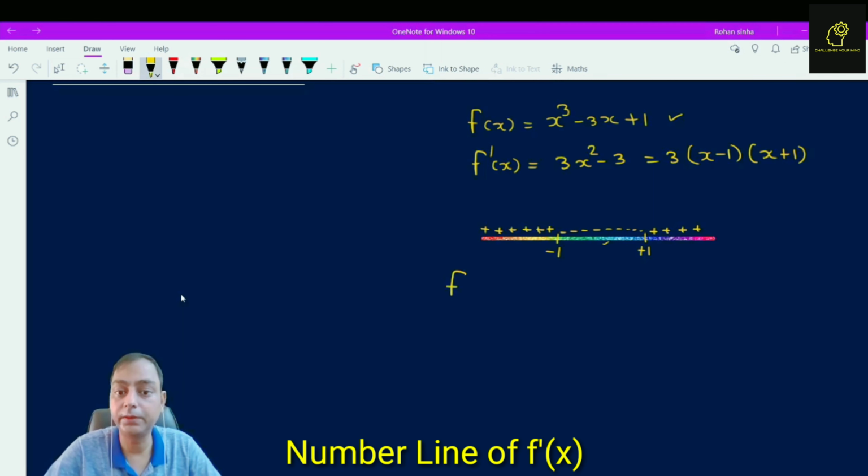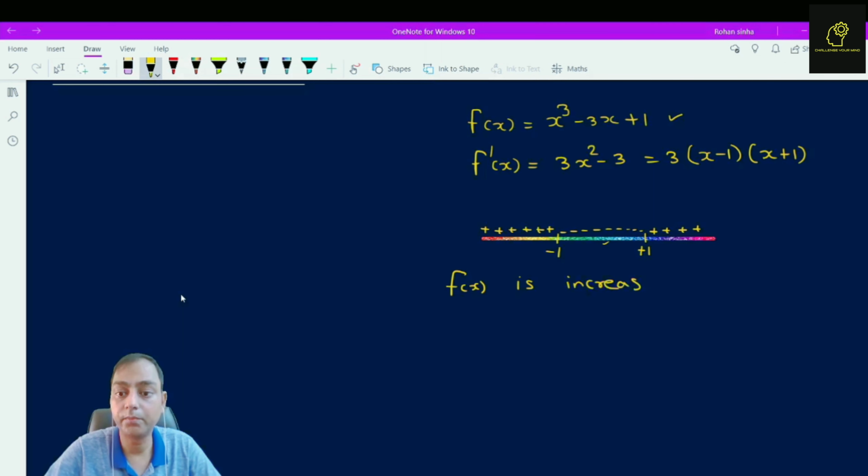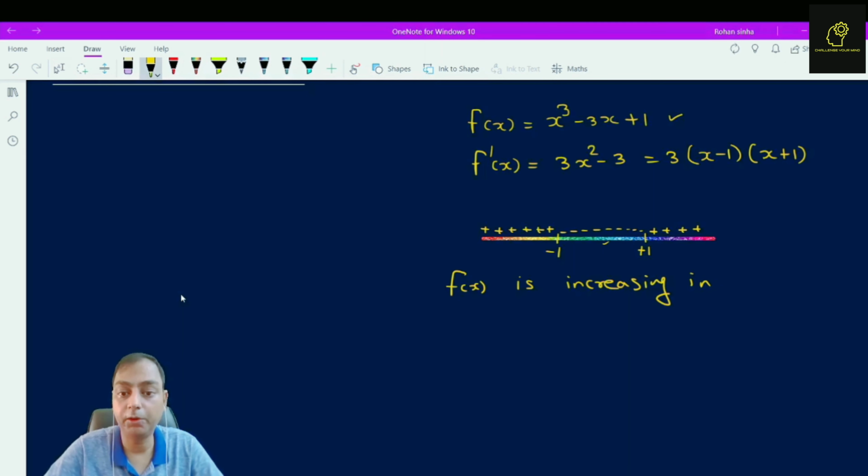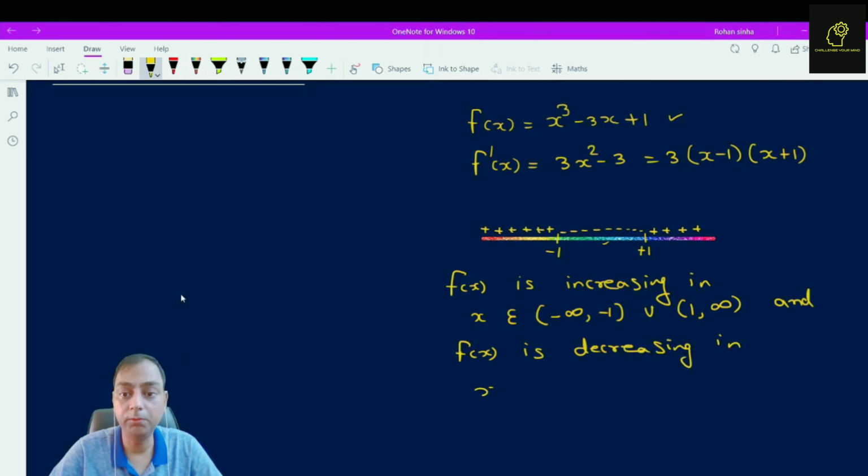We can say that f(x) is increasing in x belongs to minus infinity to minus 1 union 1 to infinity, and f(x) is decreasing in x belongs to minus 1 to 1.